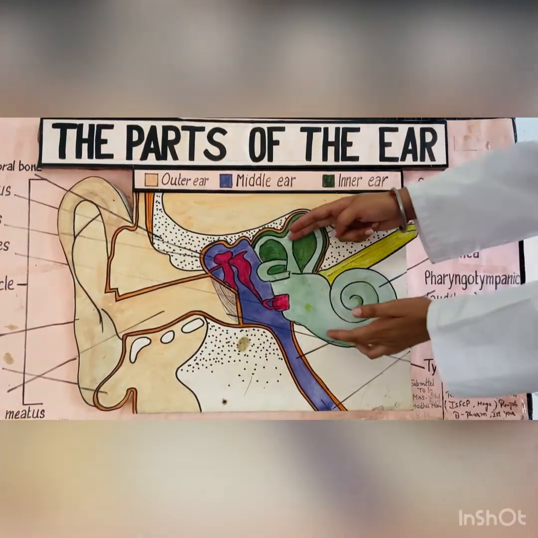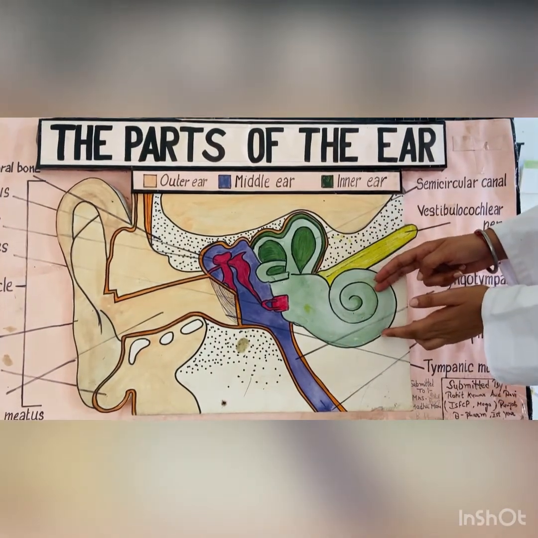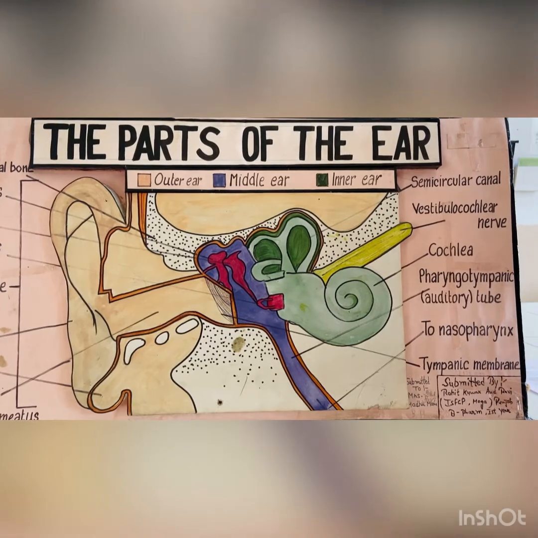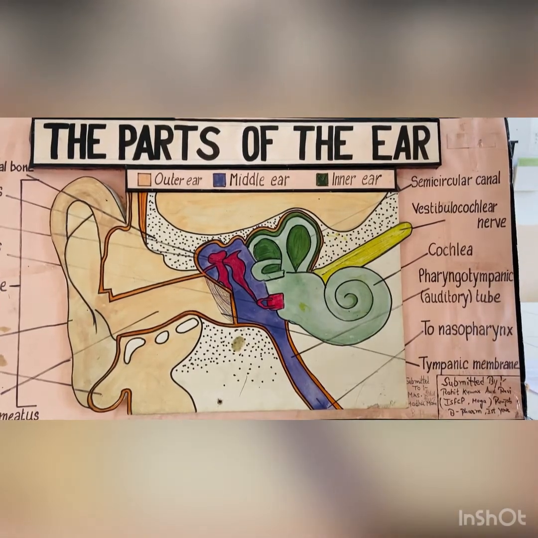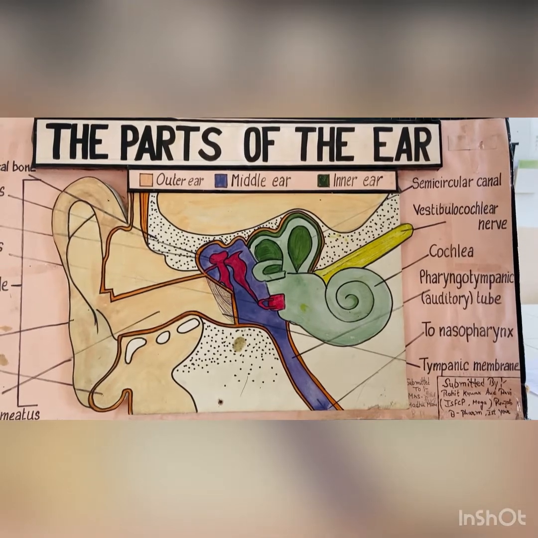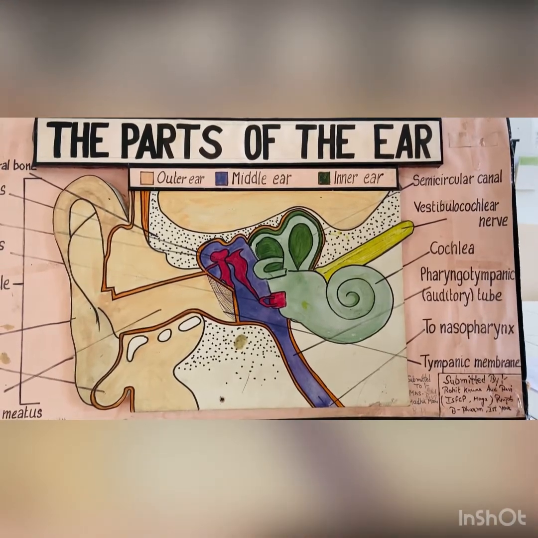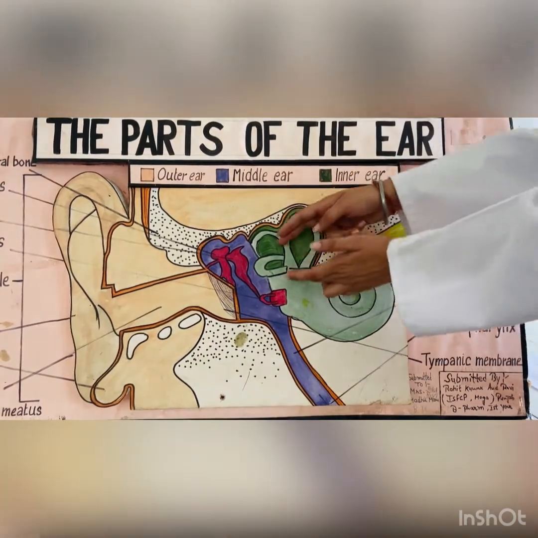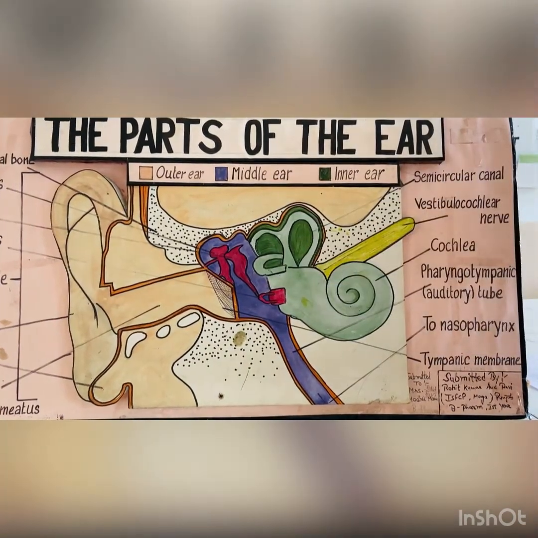The innermost part of the ear is known as the inner ear. It is also known as the labyrinth, as it is formed by two layers. The first one is the bony labyrinth and the second is the membranous labyrinth.